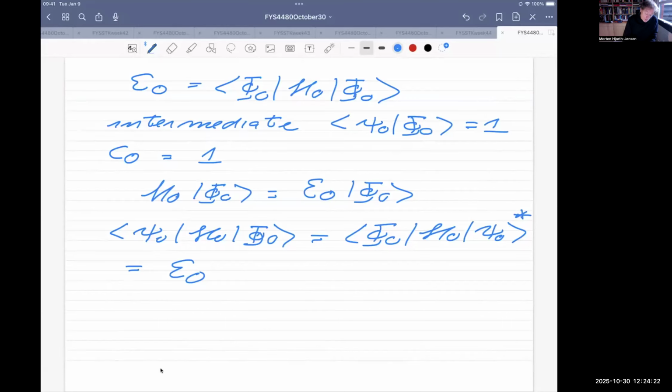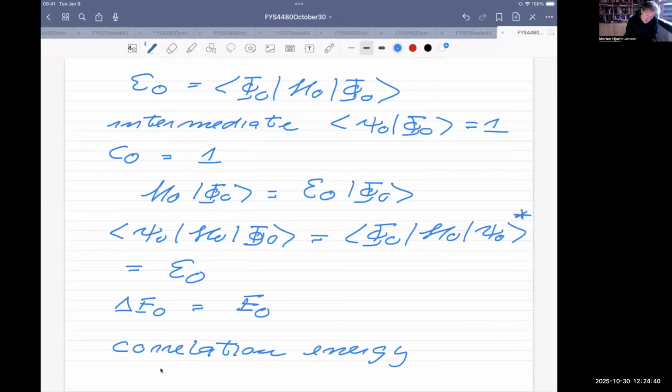And then what we did was to define the correlation energy. So this is the correlation energy. And this differs from what we had in full configuration interaction theory. So I'm just going to repeat some of the things we went through last time. This E0, which we have here, is actually the exact energy of the ground state. And that is the same as H, the full Hamiltonian, acting on this state.